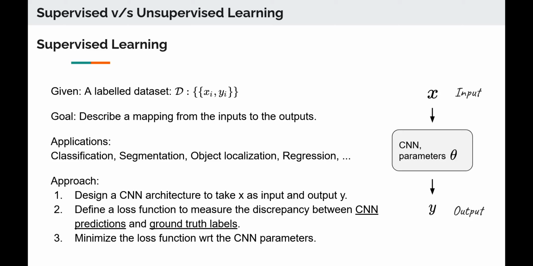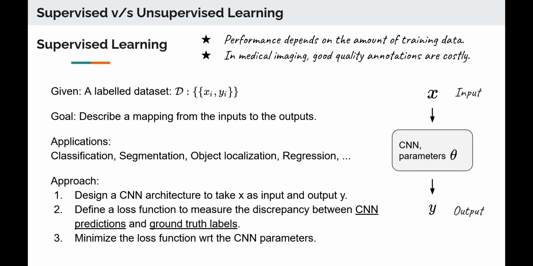But we know exactly what this target prediction is in the case of supervised learning. So we define some kind of loss measure that measures the discrepancy between what the prediction is right now and what we would like the prediction to be. And then we minimize this loss function with respect to the parameters of our CNN. So this is the general recipe of supervised learning problems.